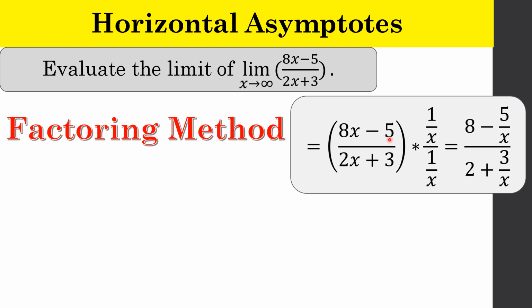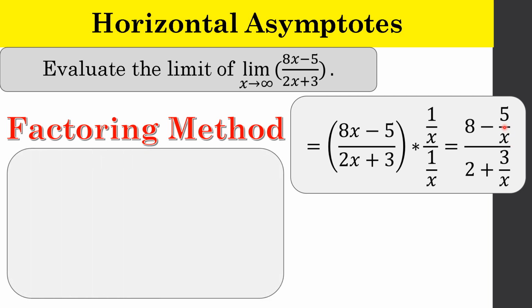Sa negative 5 naman, i-multiply kay 1 over x, that results to negative 5 over x. Punta tayo sa denominator, 2x multiplied by 1 over x is 2x over x, or simply 2. 3, ibibigay kay 1 over x, that is positive 3 over x. So ito na yung bagong mukha ng ating function using factoring.